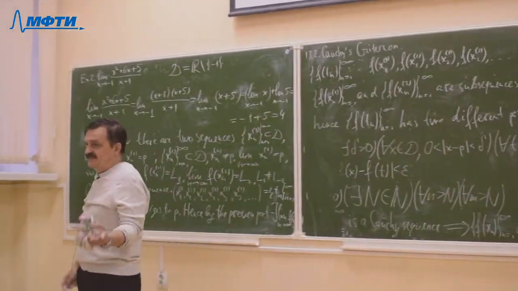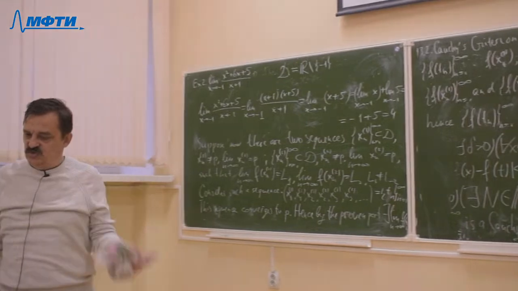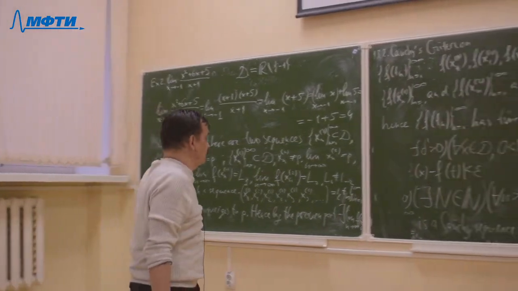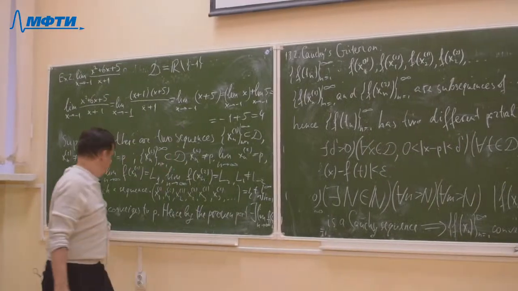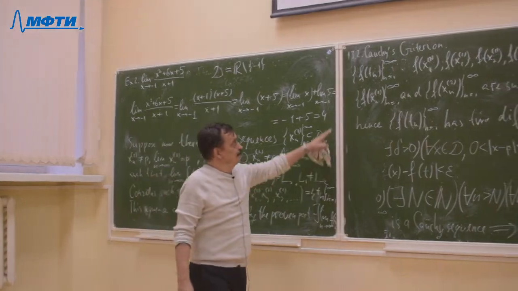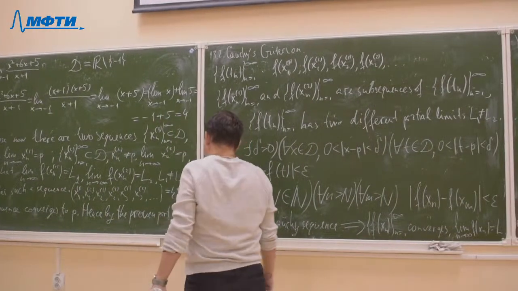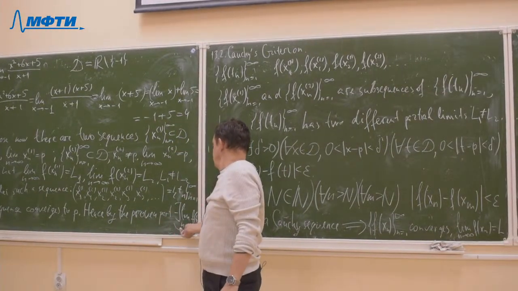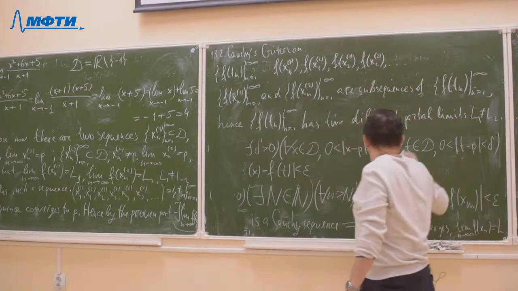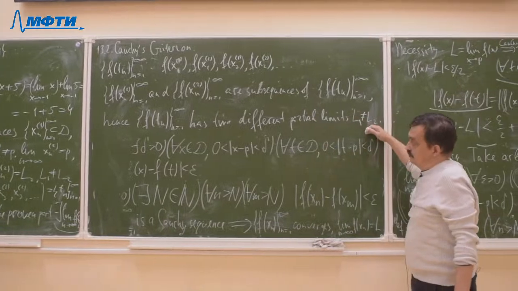But if a sequence has two different partial limits, then it cannot be convergent. Right? So, look, we supposed there exists a limit. Just now, we got a contradiction.